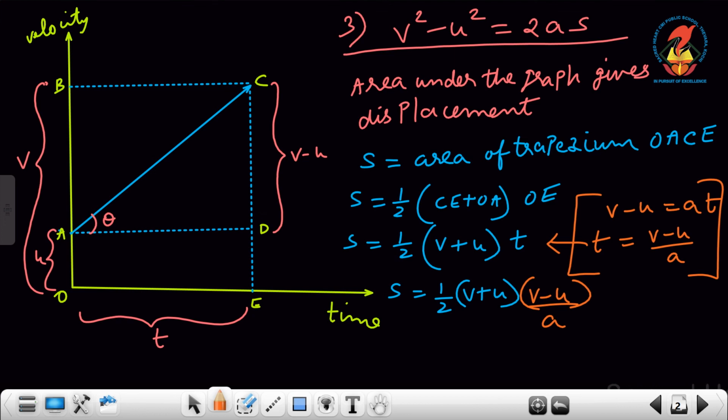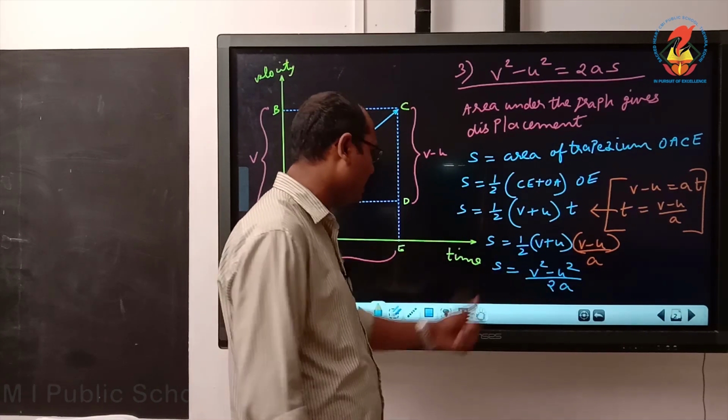Now can you tell me what is V plus U into V minus U? Yes, V square minus U square. Therefore, I will write S is equal to V square minus U square divided by 2A. Now I can just rearrange it, that means take 2A to the LHS.